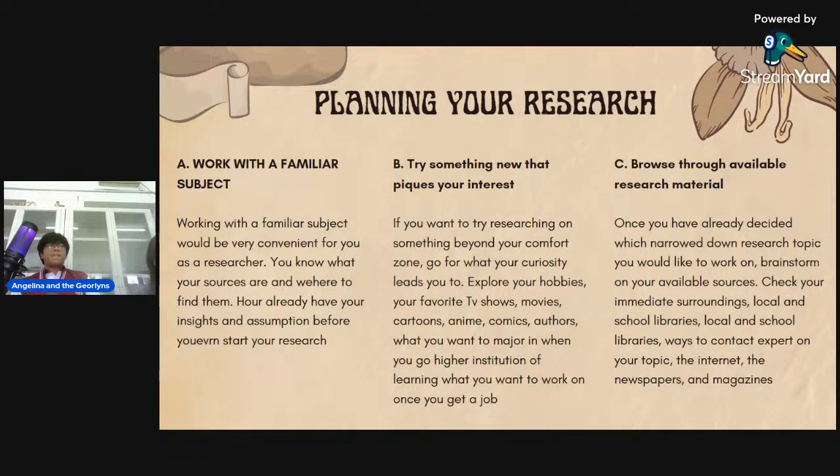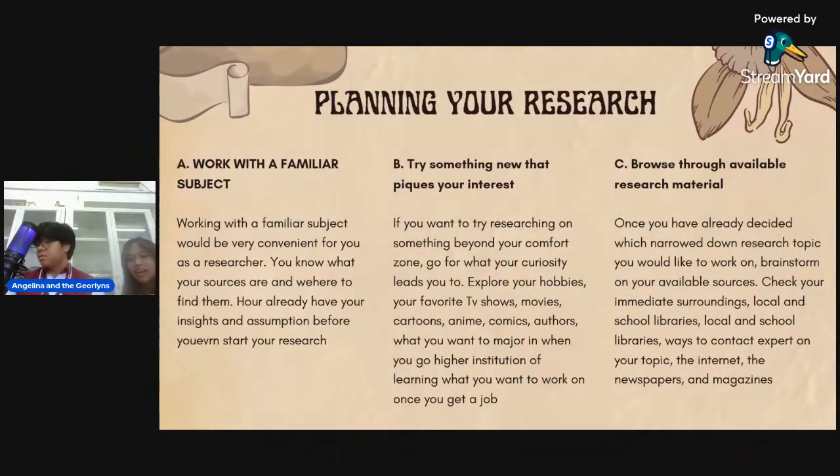So here, when you choose your subject, of course, you would choose something that you would like or something that you are interested in, because it is also up to the researcher. Because when you are researching about something you like, you are more likely to be motivated to continue the research.